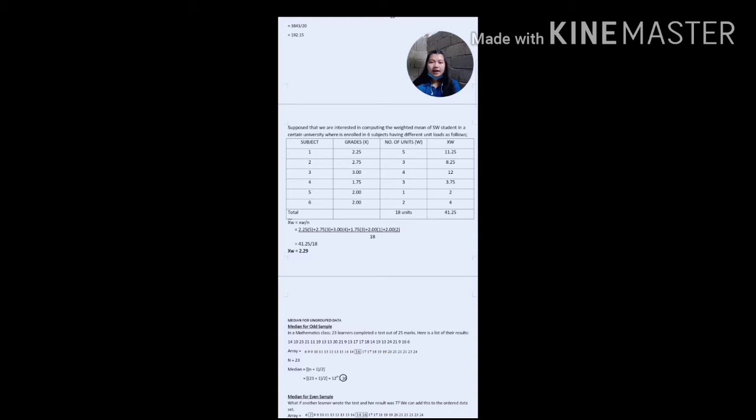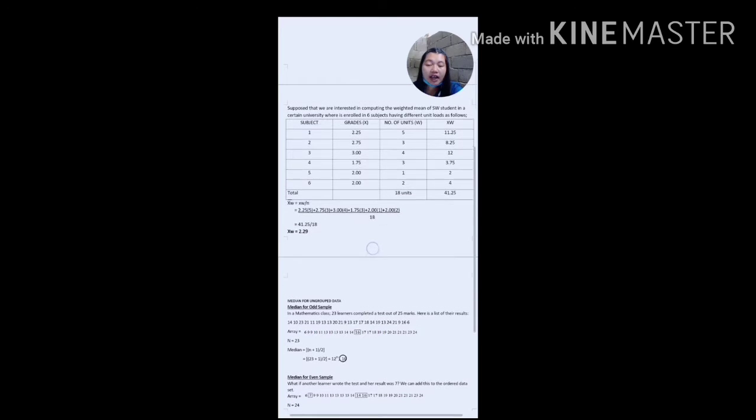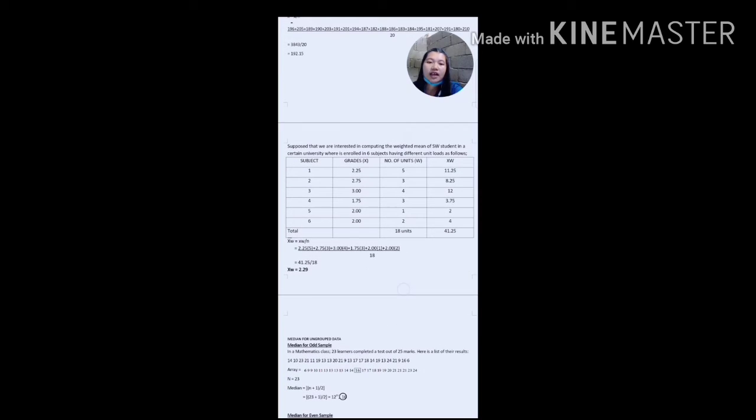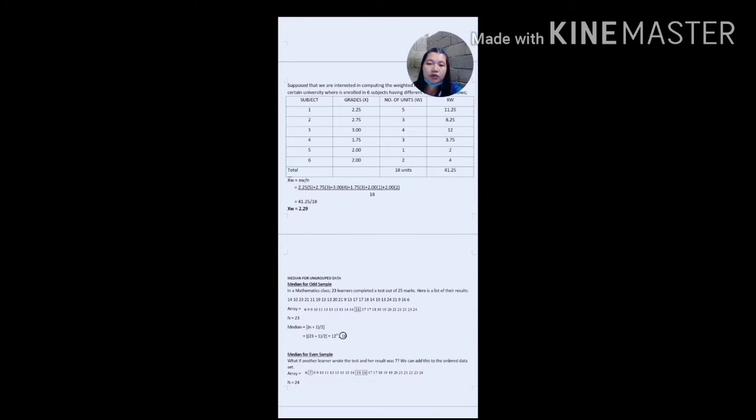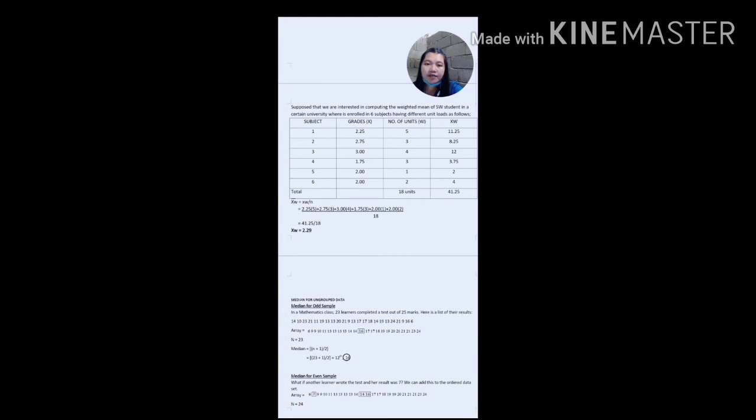To find the weighted mean of this data set, we have to multiply the weight, which is the number of units, by the grades, which is x, and then add all the results, and then divide it by the total weight, which is 18 units, and the result is 2.29. So that's how we can get the weighted mean of the data set.